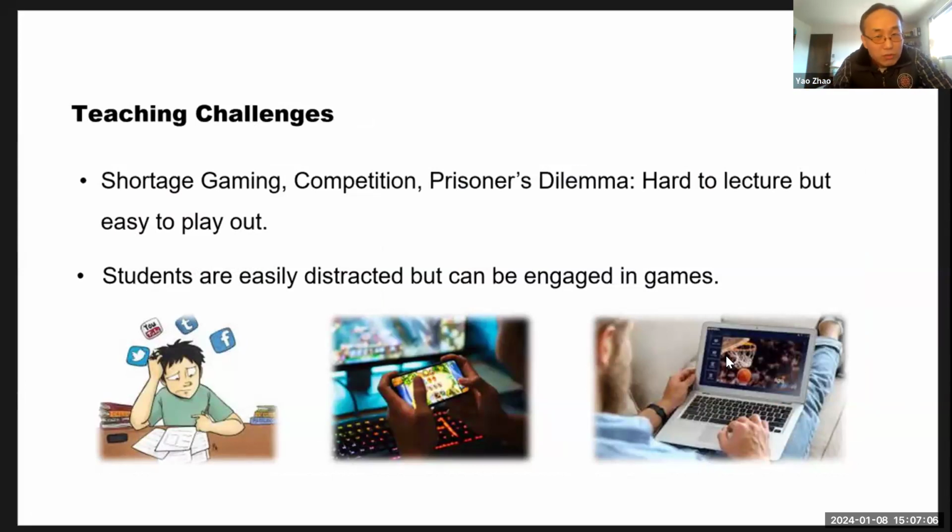Meanwhile, students are easily distracted in class or in an online class environment, but they can be easily engaged in games, especially competitive games. So using games to teach such topics, students are happier and learn more, and instructors simultaneously spend less effort.